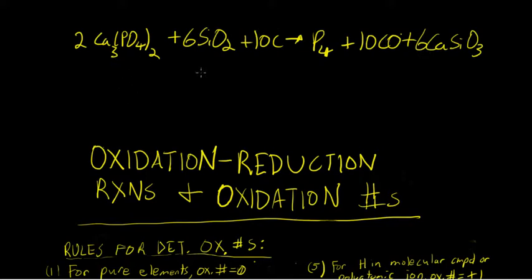So these oxidation numbers will help us figure out what's oxidized or reduced. After we figure out the oxidation numbers, which we're going to do here in a moment, the element that's oxidized is going to be the one with an increase in oxidation number, and the one that's reduced is going to be the one with a decrease in oxidation number.